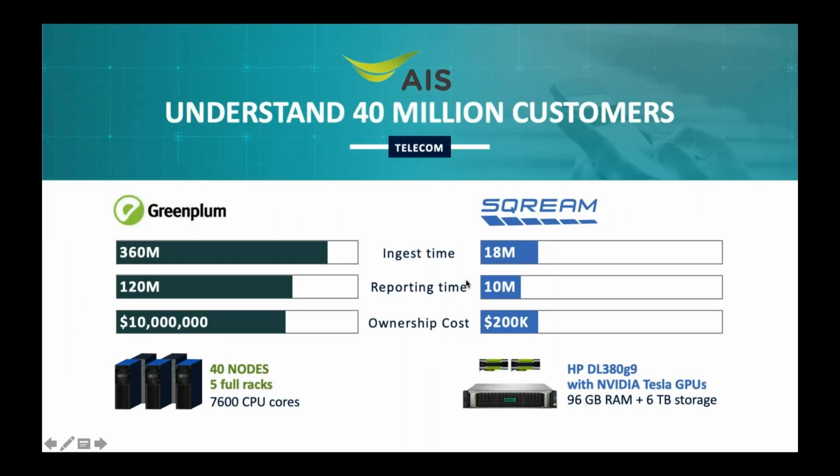So along those lines, AIS is the telco of Thailand. They're about the size of a T-Mobile, and they were using Greenplum. In utilizing Greenplum, we saw that we could take those 40 nodes and the 6 terabytes, and it took 1 machine and 2 GPUs in order to dramatically reduce ingest and reporting time as well as cost of ownership.